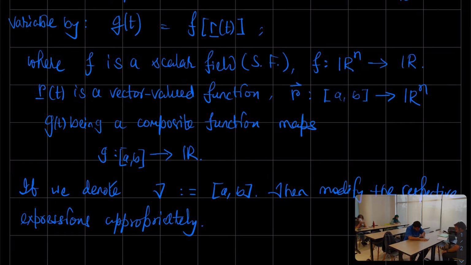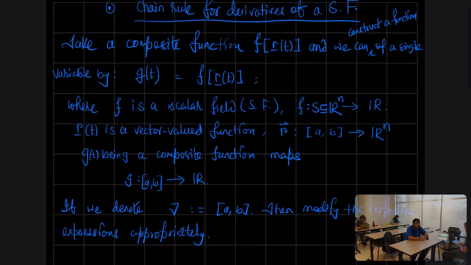So here f is defined on all of R^n. We can even restrict it a little bit and just say there's some subset of R^n. At the end of the day we will work in a ball, in a subset of R^n. We don't have to mention it again. So let's be precise from the word go.